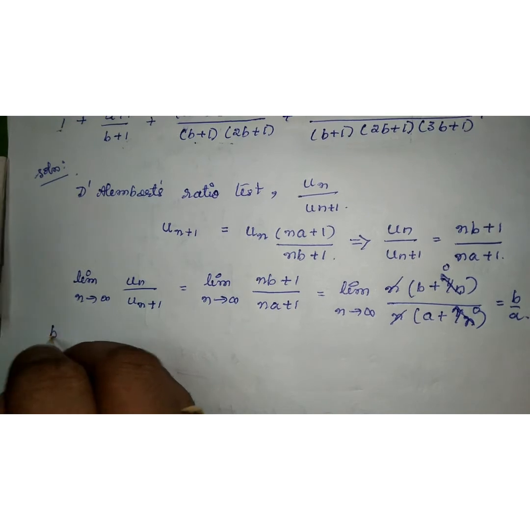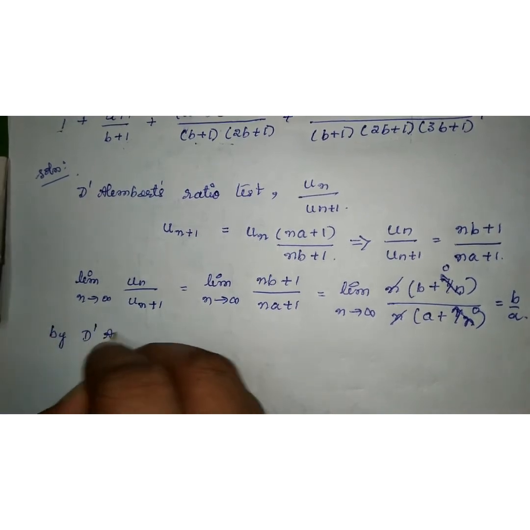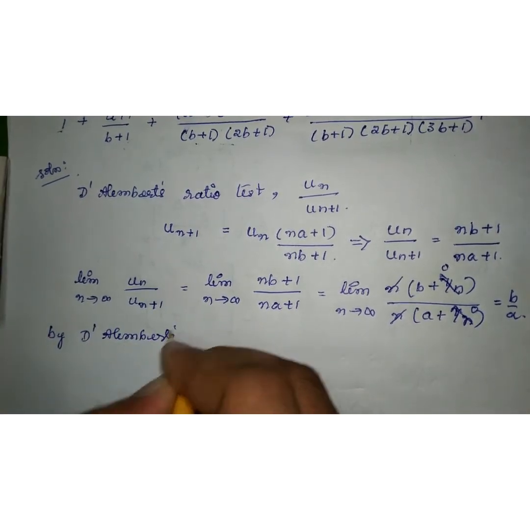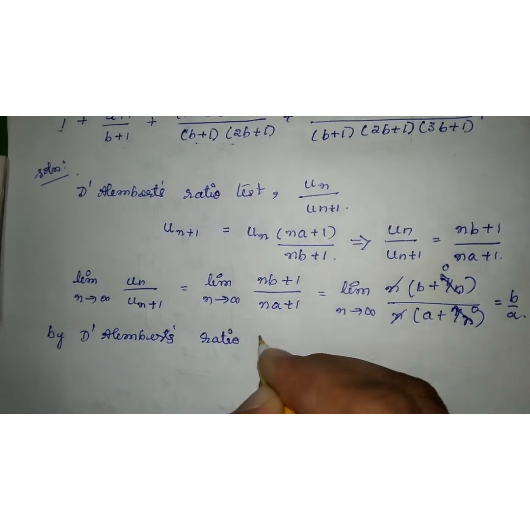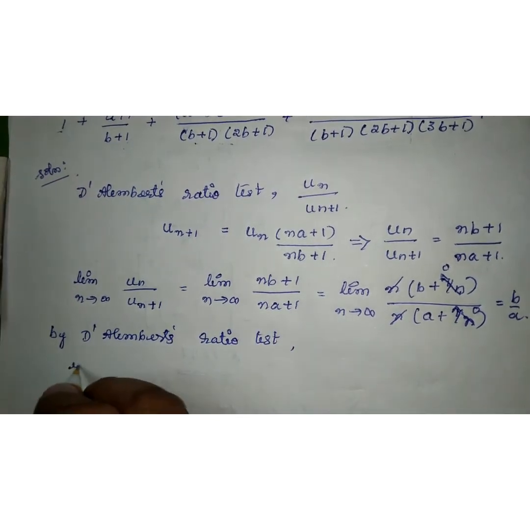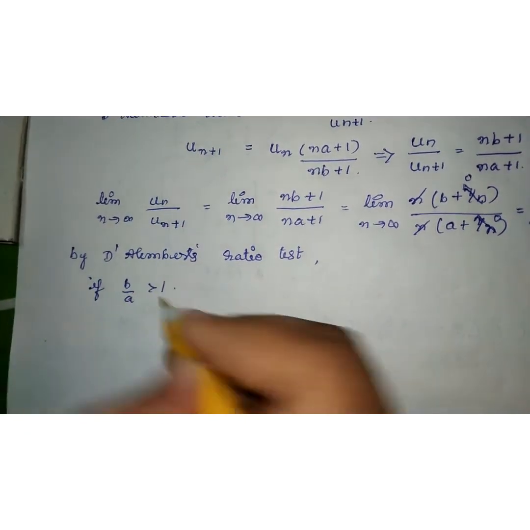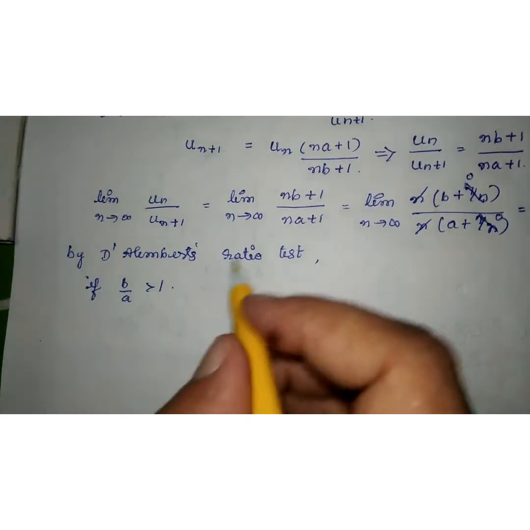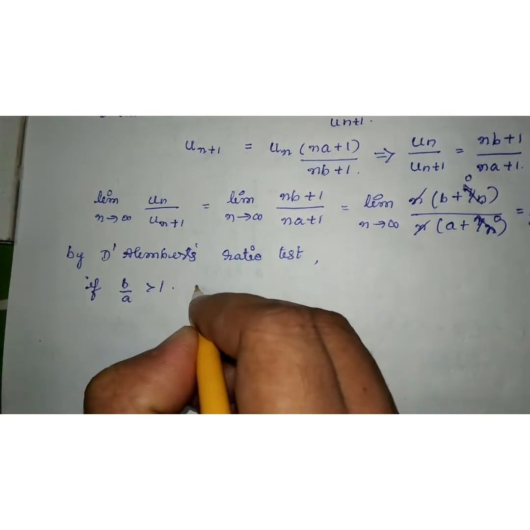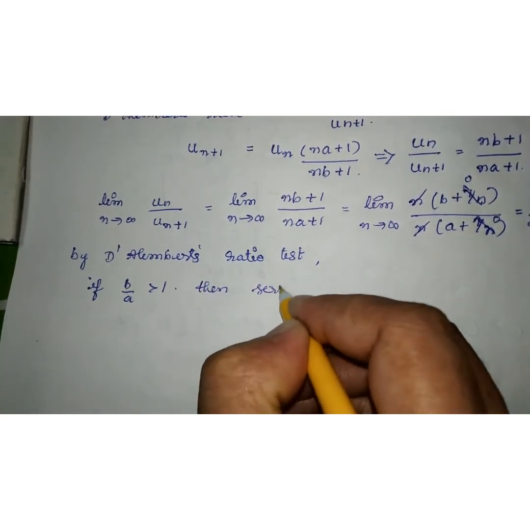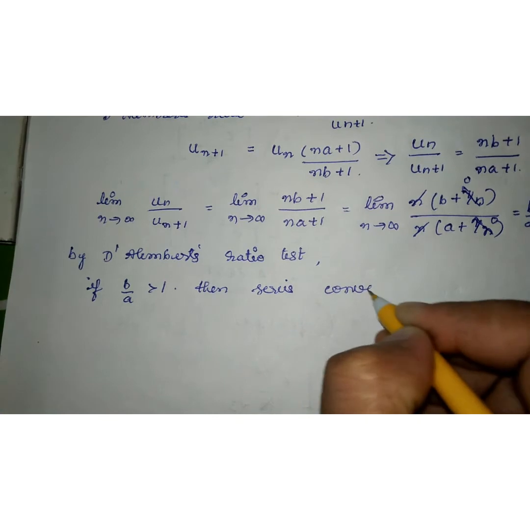So by D'Alembert's ratio test, if b by a is greater than 1, then the series converges.